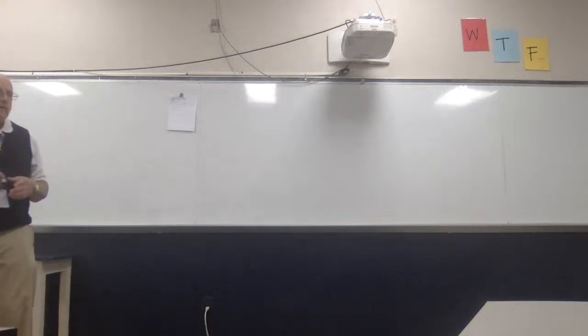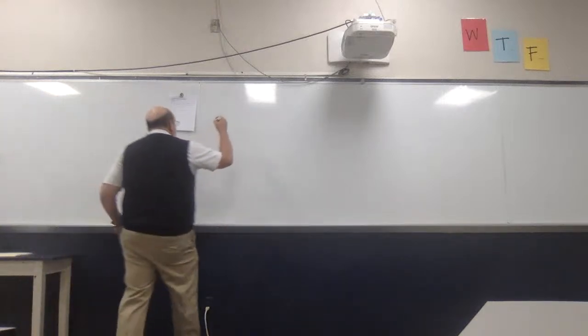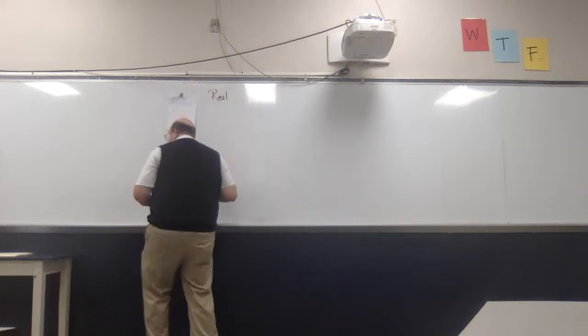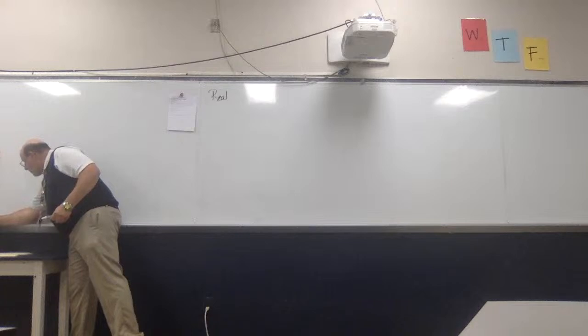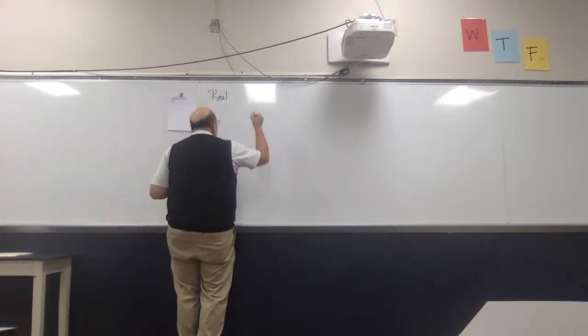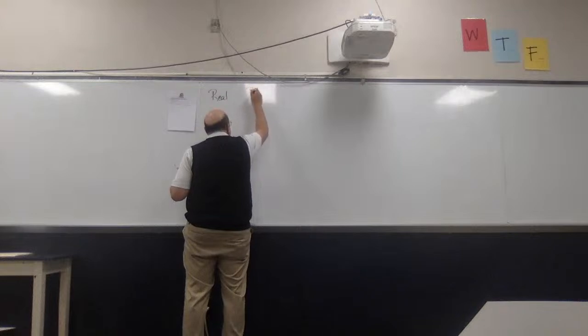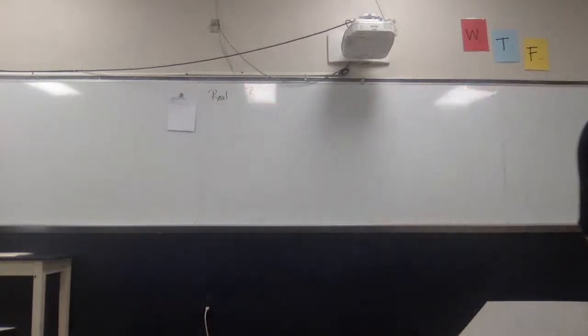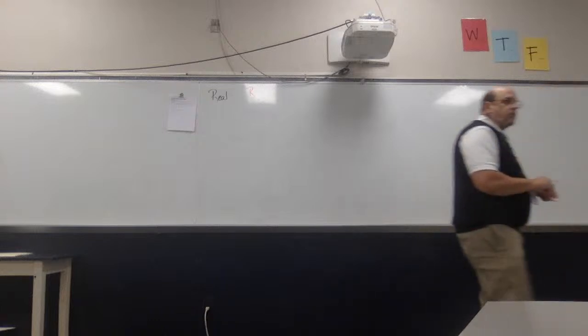Okay, so we have real numbers. Real numbers, they are designated with big R. That's everything, right? It's everything we talk about in this class. All the numbers that we talk about in this class are real numbers.